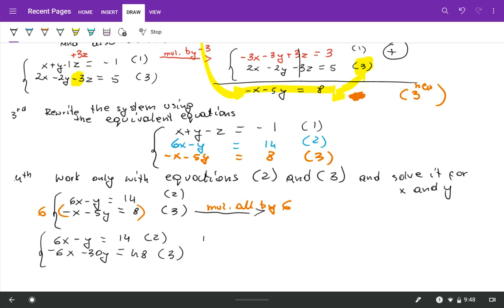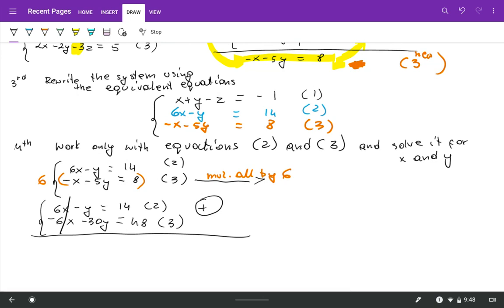And now elimination method, which means we're adding those 2 equations together. That cancels, we end up with -31y equal 48 plus 14, which is 62. And we divide both sides by -31. Finally, we have that y is equal -2.